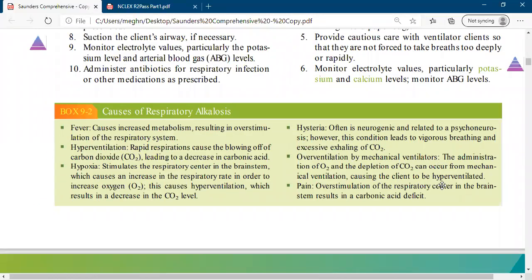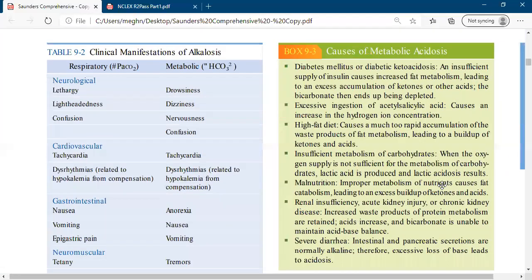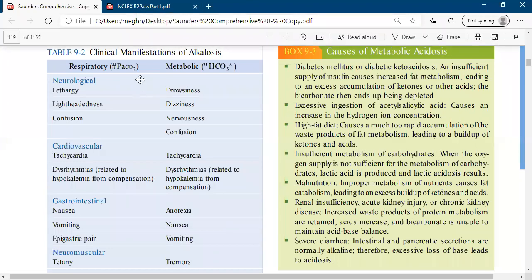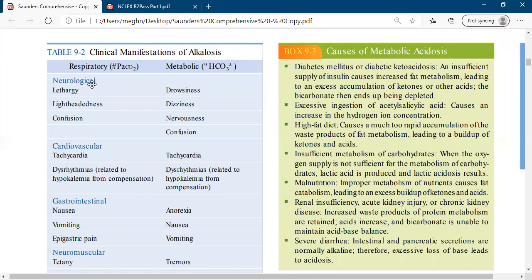And now we are going to respiratory alkalosis and metabolic alkalosis, some signs and symptoms. So respiratory alkalosis, neurological signs: the patient has lethargy or lightheadedness or confusion.